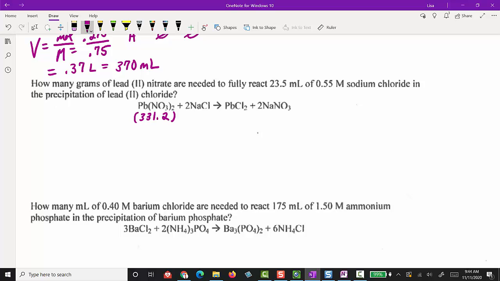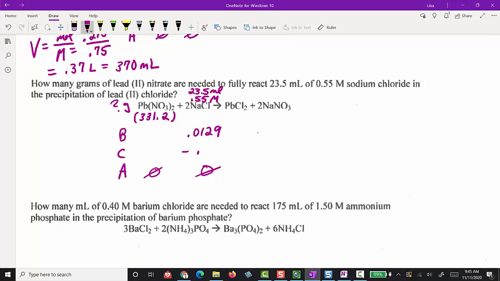And it's wanting grams of the lead nitrate. It says I have 23.5 milliliters of 0.55 molar sodium chloride. Again, I have a volume: 0.0235 liters times 0.55 molarity will give me my moles, 0.0129. They're only giving us one, so we're going to assume that we're just reacting them exactly.